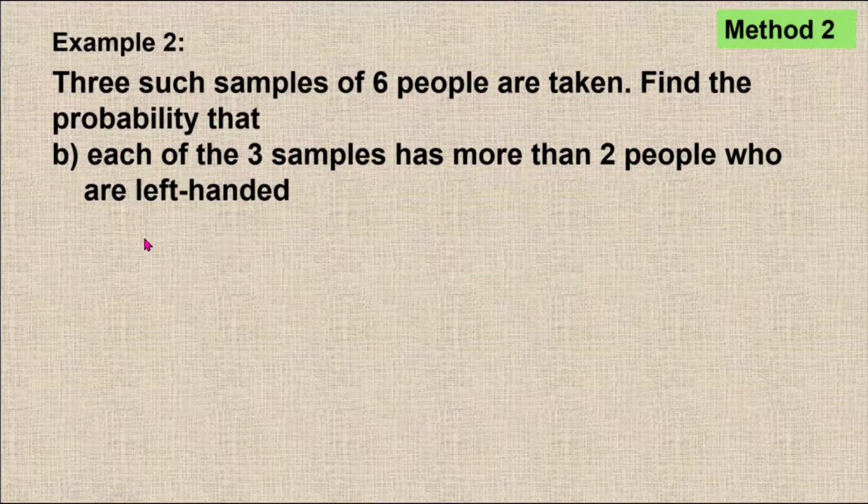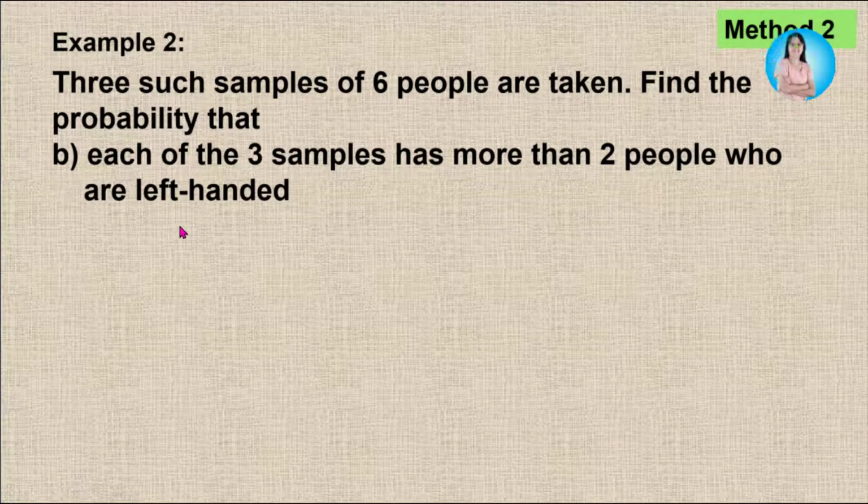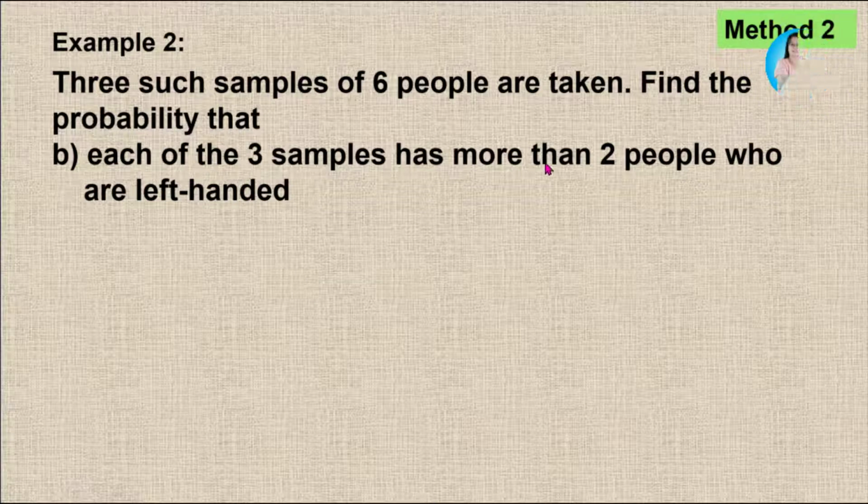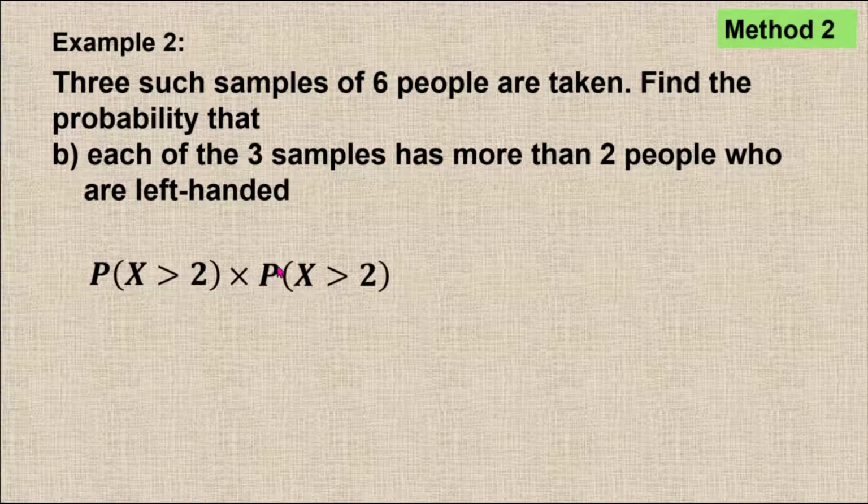This question can be calculated using another method. Since we are going to find the probability that all the 3 samples have more than 2 people who are left-handed, this means that the first sample has more than 2 people who are left-handed, and the second sample also has more than 2 people who are left-handed, and then the third sample also has more than 2 people who are left-handed.